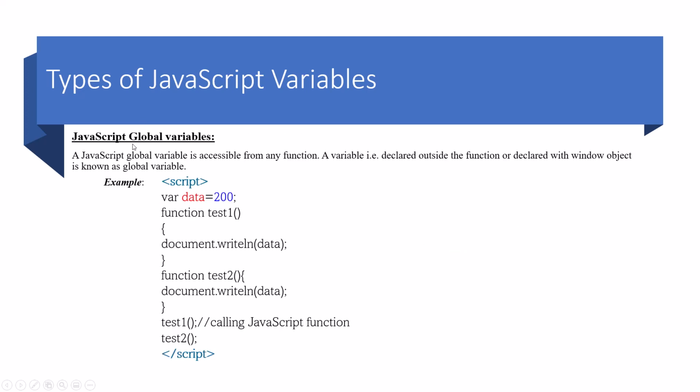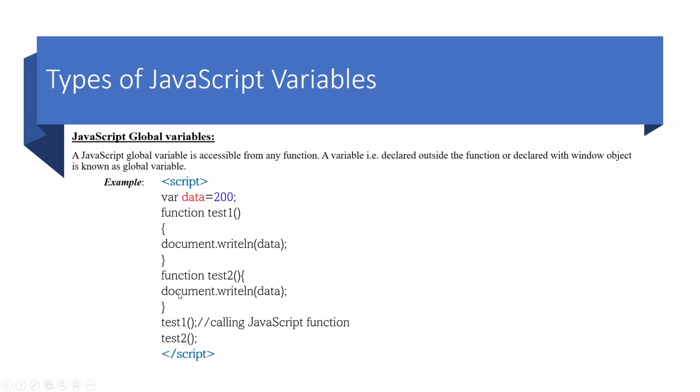The next is JavaScript global variables. A JavaScript global variable is accessible from any function. A variable declared outside the function, or declared with the window object, is known as a global variable. As the name suggests, it is global to every function or every block in that script.